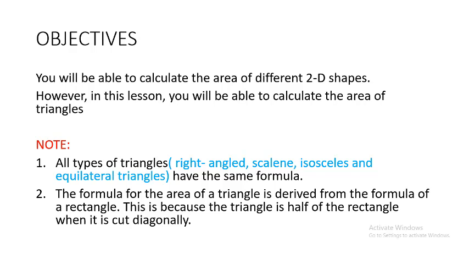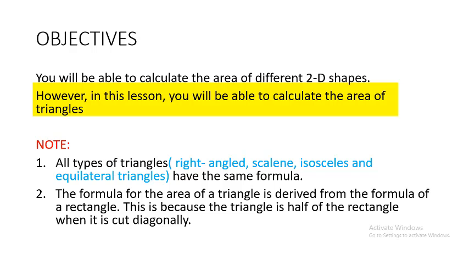However, in this lesson, you'll be able to calculate the area of different 2D shapes. These include triangles, parallelograms, trapeziums, and circles. In today's lesson, you will be able to calculate the area of triangles.